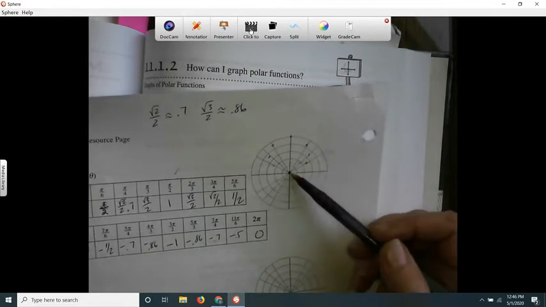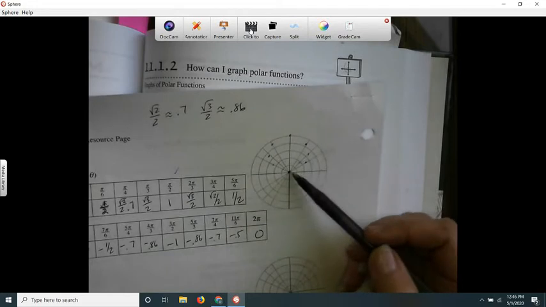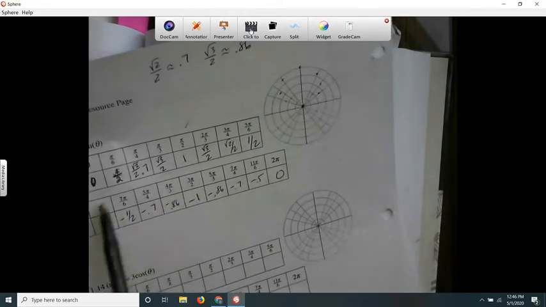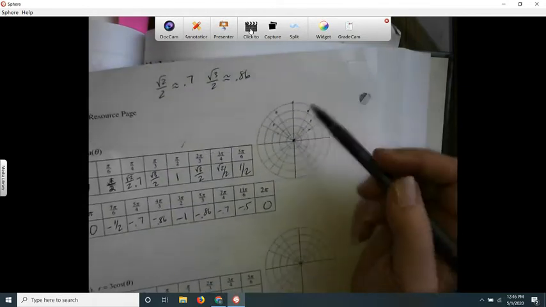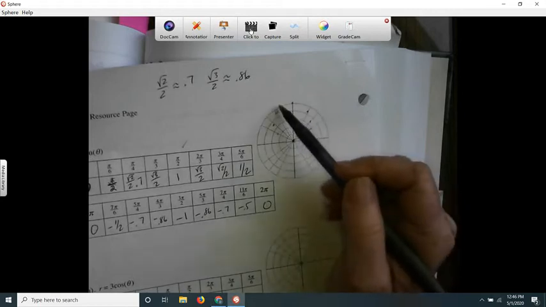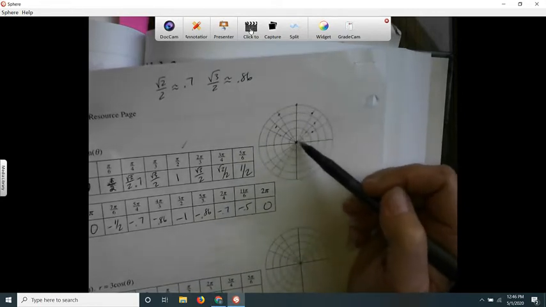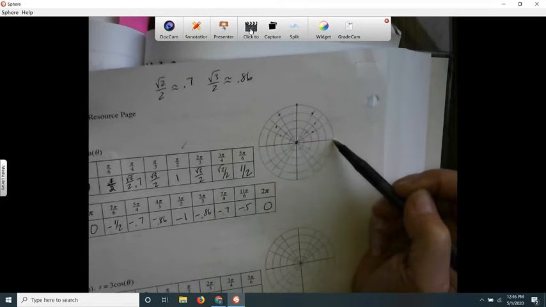A half, well, I decided to organize my work on this by counting these circles. I know that the highest number I'm going to get is 1 or negative 1. So I wanted this outer circle to be 1 or negative 1. And so I see all these circles I can count by. I can go 0.2, 0.4, 0.6, 0.8, and then that would be 1.